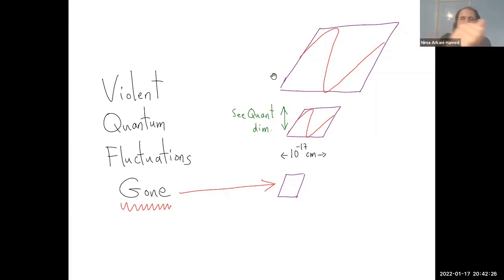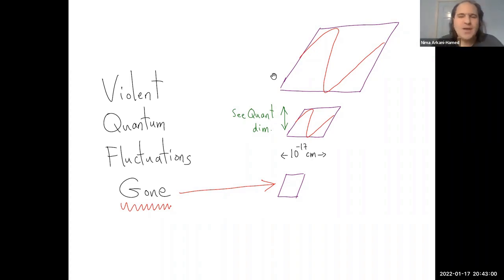You can't have violent fluctuations in the quantum dimensions because you can't even take more than one step. You certainly can't go up and down and up and down. And so, since there's a symmetry between the quantum dimensions and the ordinary dimensions, there can't be any violent fluctuations in the ordinary dimensions either. Technically, the presence of this doubled spectrum, these superpartners, cancels all the quantum fluctuations associated with the ordinary ones once you see them.